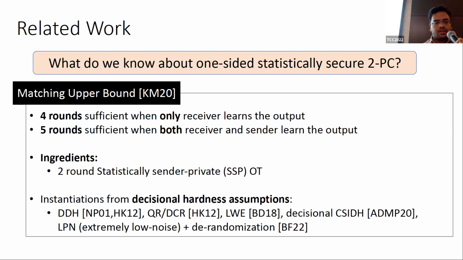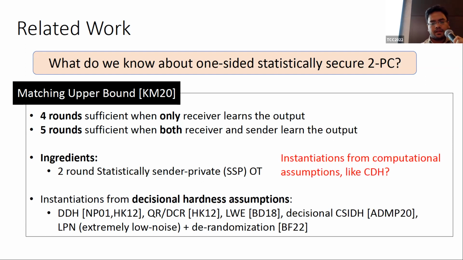They instantiate their compiler by instantiating the underlying 2-round SSP OT from decisional hardness assumptions like DDH, QR, DCR, LWE, decisional C-site, and recently from LPN plus de-randomization style assumptions.